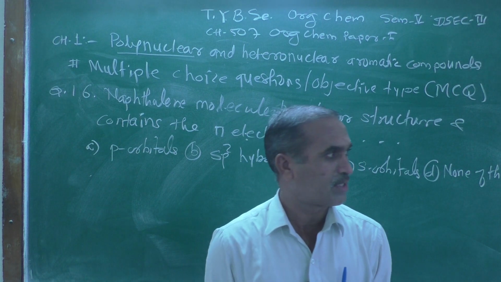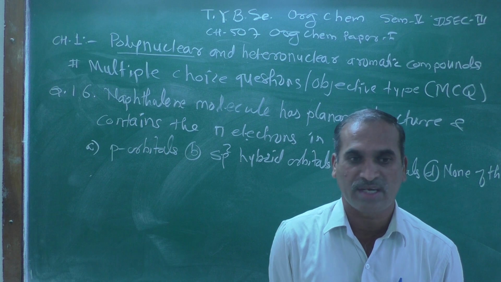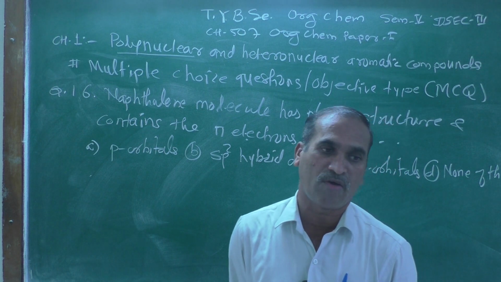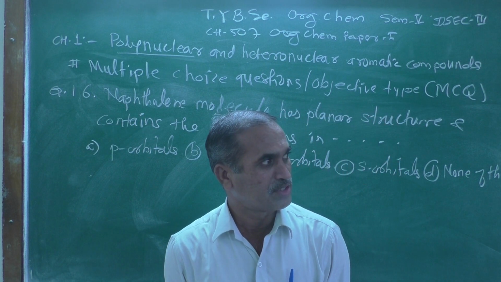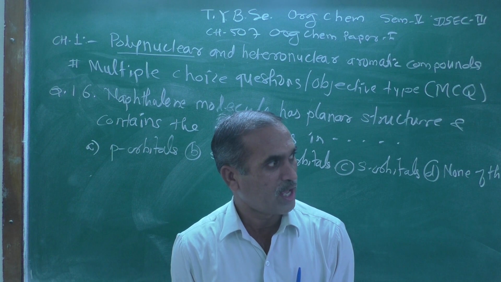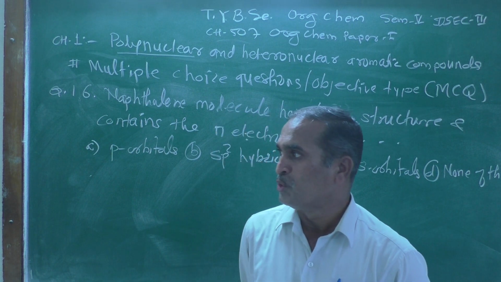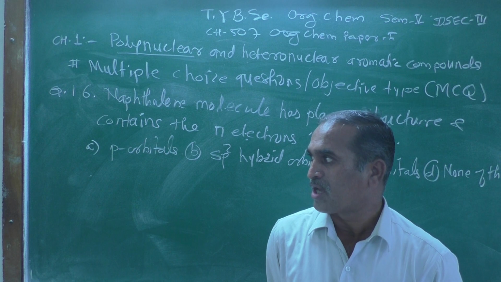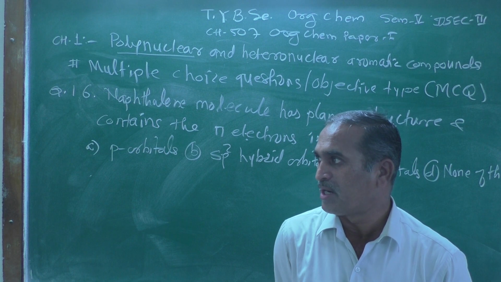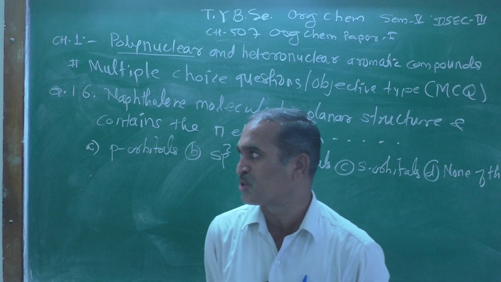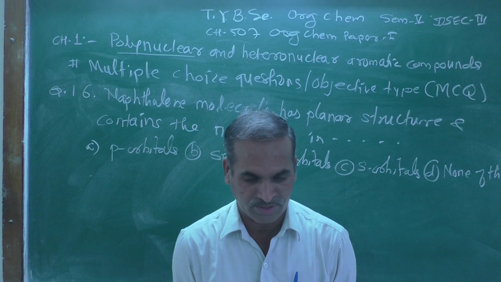Hybridization is the process of mixing and recasting of atomic orbitals of different energy, which overlap to form new orbitals. That orbital is called a hybrid orbital, and that process is known as hybridization.